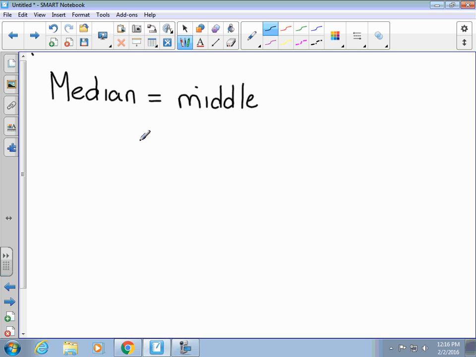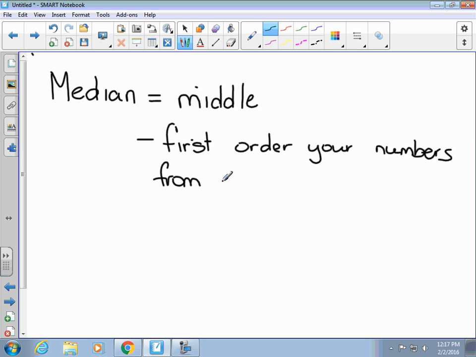Now, there are a few things you have to do. You have to first order these numbers from smallest to largest.